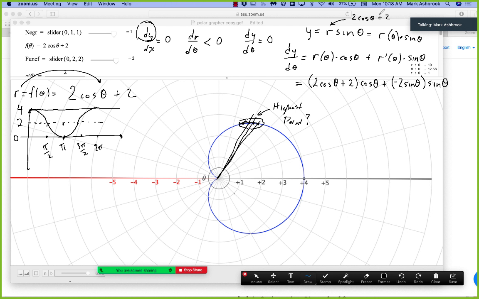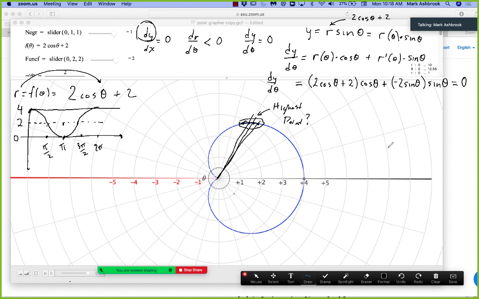That'll be the derivative of that. And that's my dy/d theta. And if I'm looking for the highest point, what do I want with this? Equal to 0. Right, at the highest point, as theta increases, we want y not to increase, y to stay constant. So we're going to set that equal to 0.